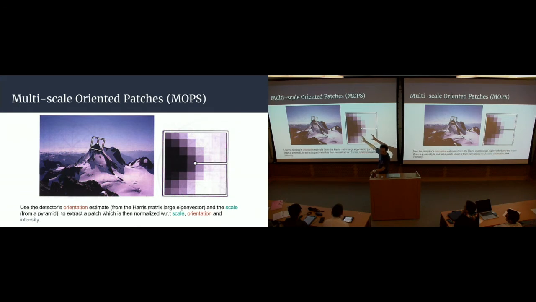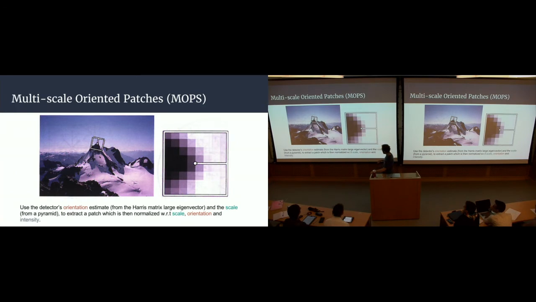We unroll that rotation. Let's say we take a patch of pixels. We unroll that rotation, so now we are axis aligned. We change the scale, so we always scale them down to 8 by 8.